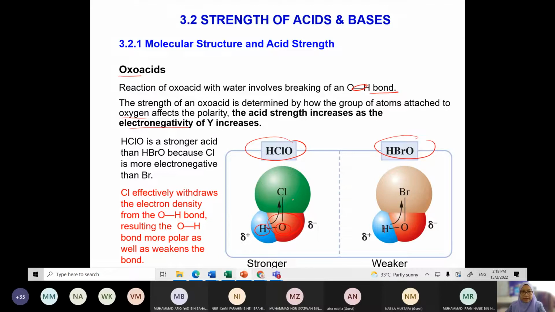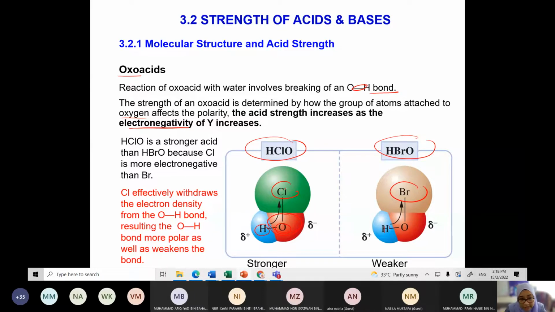It depends on the electronegativity of the atom. For example, we have Cl and Br. Which of these two has higher electronegativity? The answer is Cl.